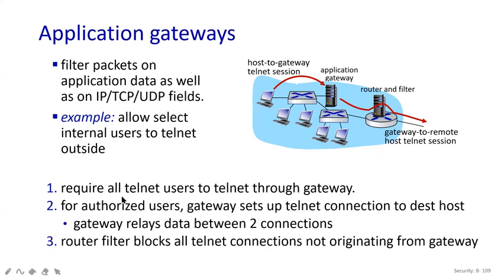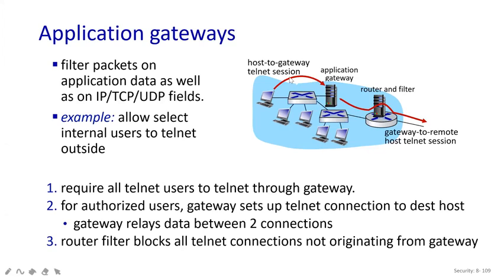The same thing is written here. In the first case, you require all telnet users to telnet through the gateway. First you have to give the connectivity. For all authorized users, the gateway sets up the telnet connection to the destination host. It means there will be two connections, because the gateway has two connectivity.